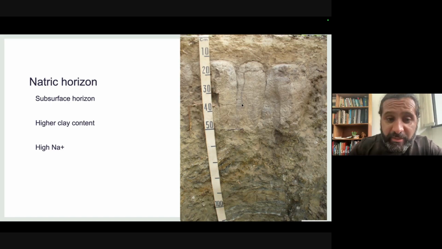So in this natric horizon, it's quite common that you register high clay activity. And this high clay activity, because of the shrinking and swelling, produces prismatic structures like these ones that you can see. They produce structures that register a high vertical axis, at least a higher vertical axis than the horizontal one.